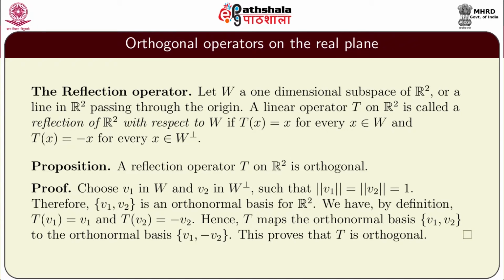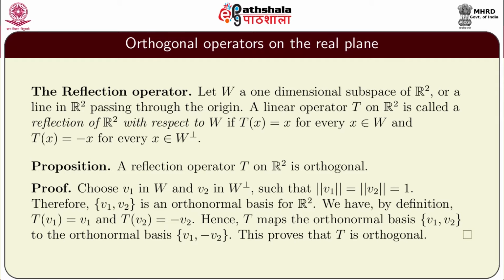Let W be a one-dimensional subspace of R2, or a line in R2 passing through the origin. A linear operator T on R2 is called a reflection of R2 with respect to W if Tx is equal to x for every x in W, and Tx is equal to minus x for every x in W perp.